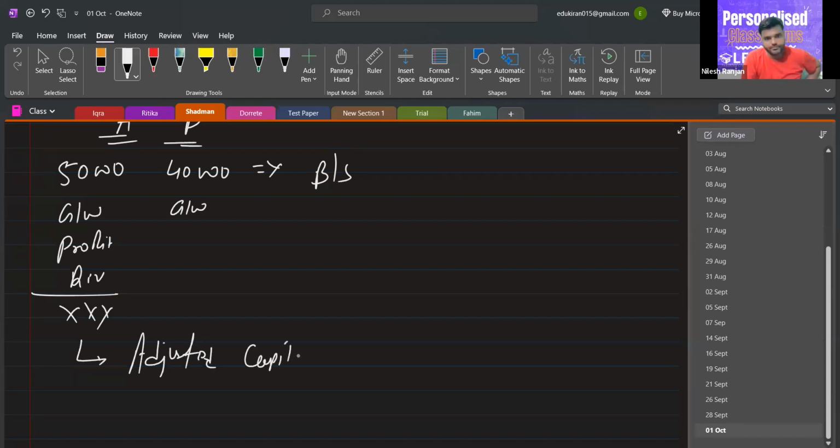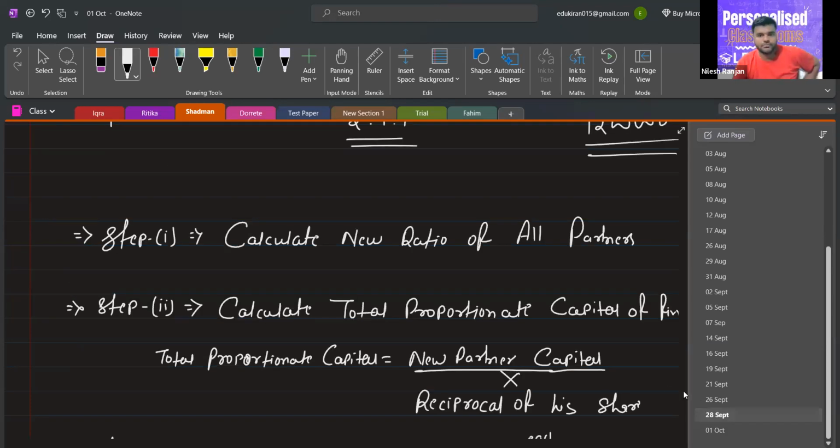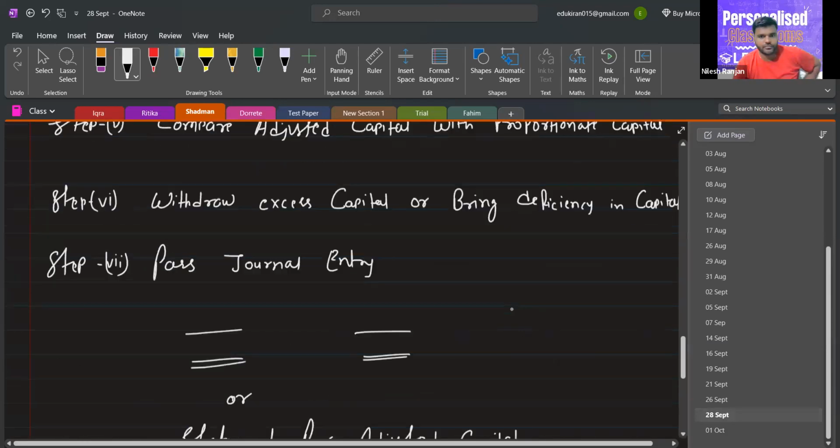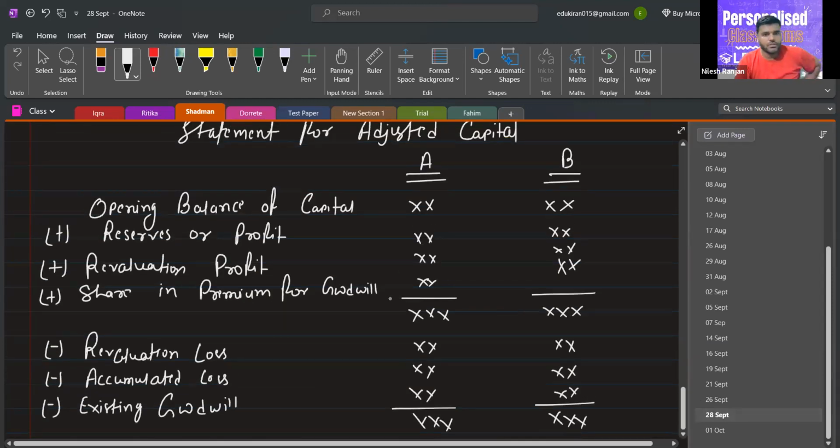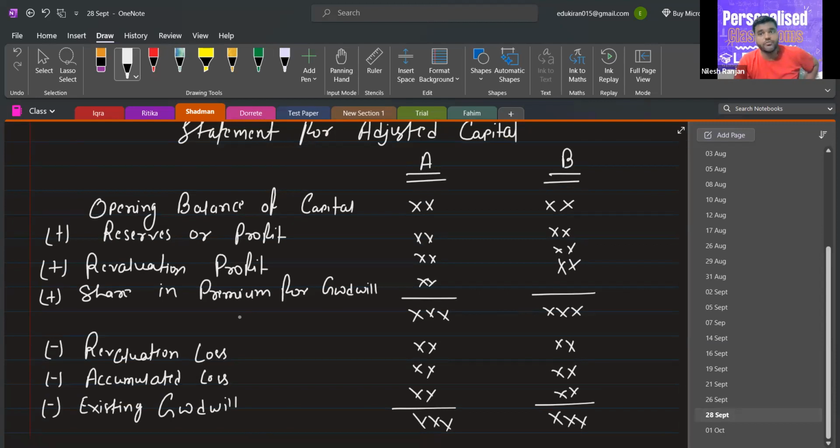This goodwill, profit and loss, and revaluation account, all we have to distribute in old ratio or new ratio. All these items we have already covered in the previous topics.